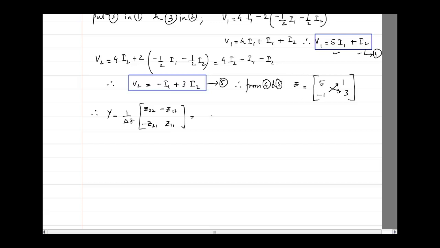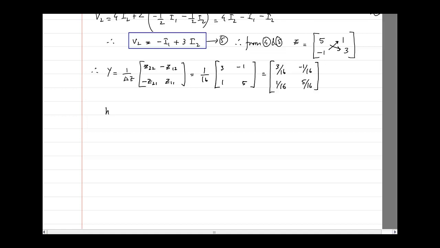So 1 by 16 of z22 is 3, z11 is 5, this will become minus 1 and this will become plus 1. So I can write the y parameter as 3 by 16, minus 1 by 16, 1 by 16, and 5 by 16.